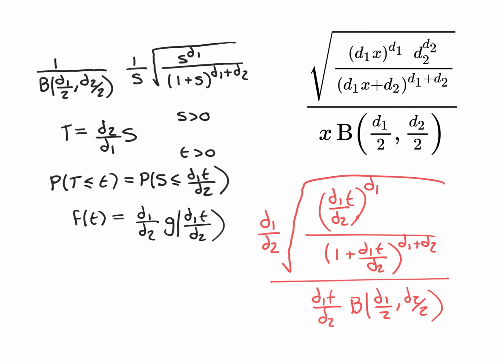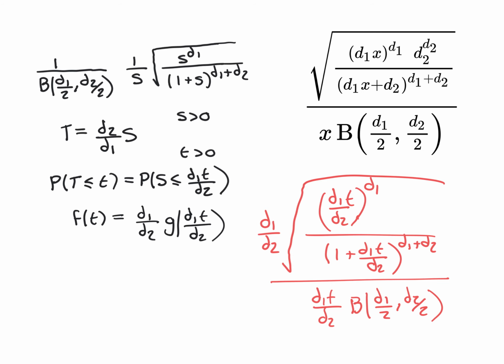Remember, of course, that we're using t here, but in the final formula they're using x, but that's not too confusing. Then we just need to simplify this into this form here, and all we need to do is multiply top and bottom of this denominator through by d2 to the power of d1 plus d2, I think, is going to be the correct thing to multiply through by, yes.